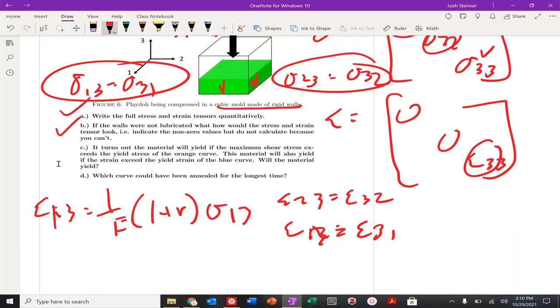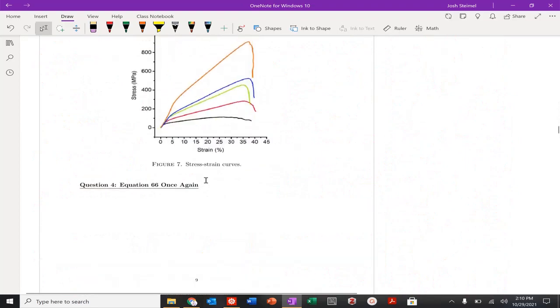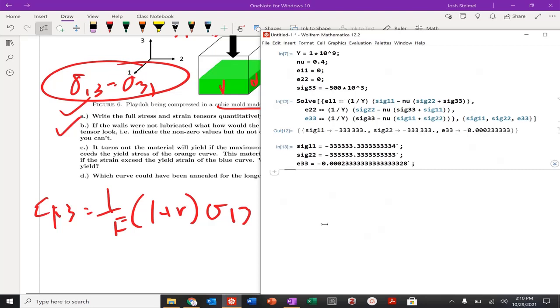So, tick, tick. Turns out the material will yield if the maximum shear exceeds the yield stress of the orange curve. So again, maximum shear stress of my orange curve down below. So again, let's see. Material will yield if the maximum shear stress exceeds the yield stress of the orange curve. So the maximum shear stress will again be sigma 1,1.